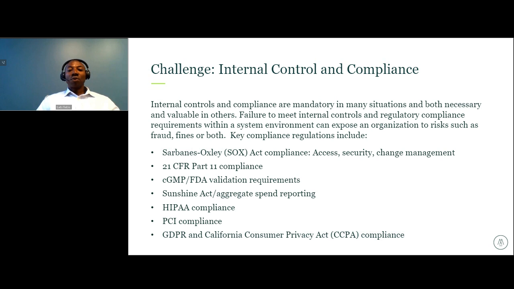It may impose a significant burden on your organization if your ERP vendor is not already in compliance with GDPR and you do business in the EU. And the same goes for the California Consumer Privacy Act, which went into effect in January 2020. These are just a few of the typical control and compliance needs that may require a system assessment that we've seen.